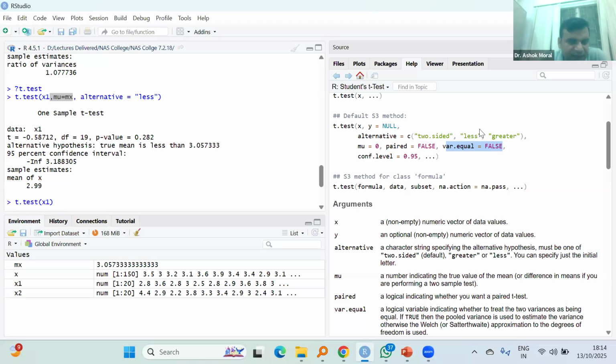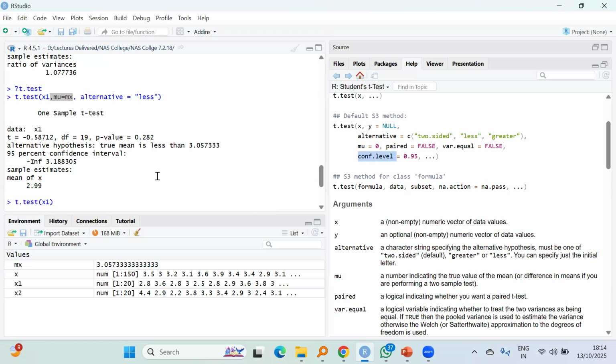Whether you talk about independent or paired, in both cases equality of variances, homogeneity of variances, should hold. So in that case, by default, it is var dot equal false. Var dot equal is equal to false. False means there is no equality. And if there is equality, then we will use var dot equal is equal to true.